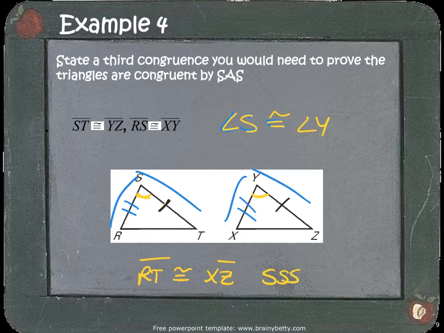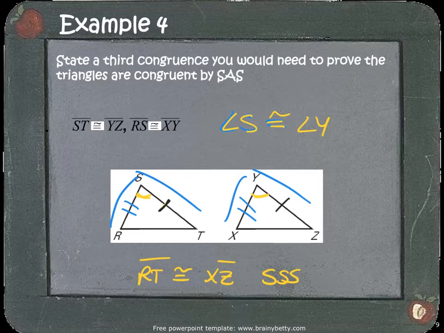So now, when you're learning these individually, it's easy because you know what you're looking for. But then when we get to the end of the chapter and it says, prove the triangles congruent, or what would you use, then it gets a little bit more complicated, because then now you have to go through all of the shortcuts we've learned and figure out which one to use.